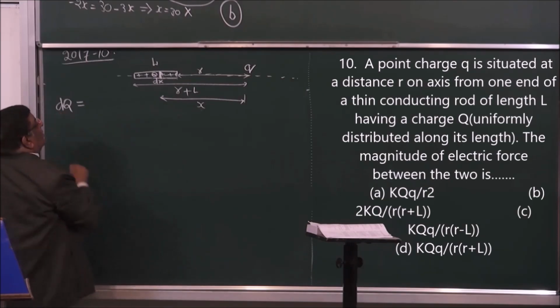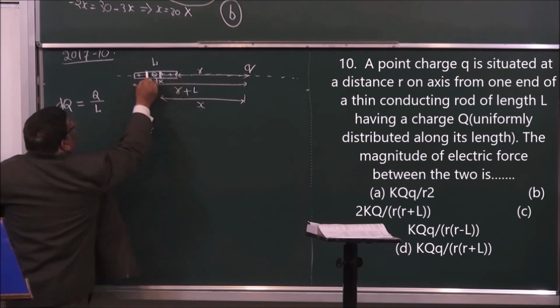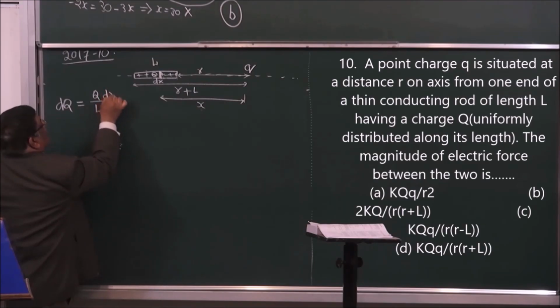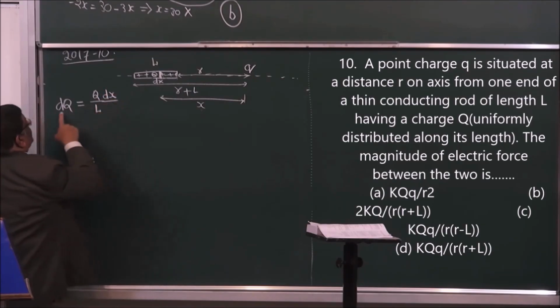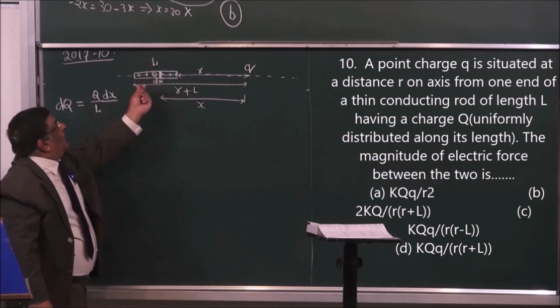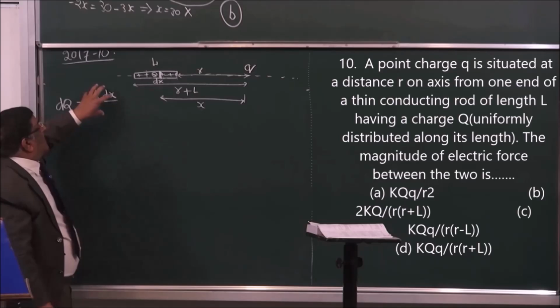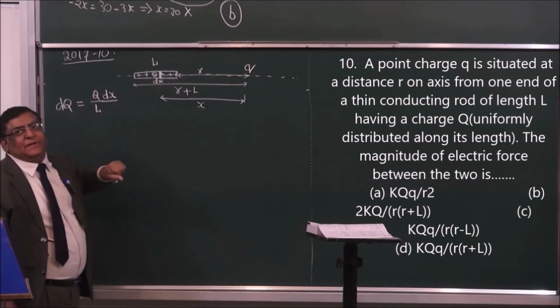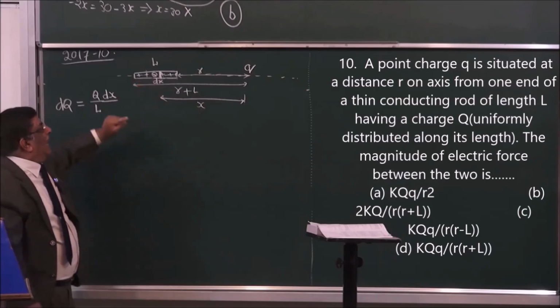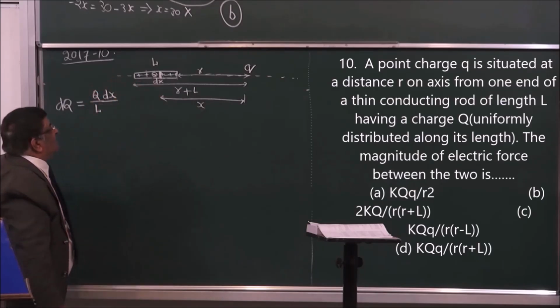And this is a point charge, we can say, because dx is very small. So how much is this point charge? This is linear charge density, q divided by L, charge per unit length, multiplied by how much length we are taking: dx. So this very small charge is q upon L multiplied by dx. Now we can say this is a point charge. If this is a point charge, now we can apply Coulomb's law here, and let us start.